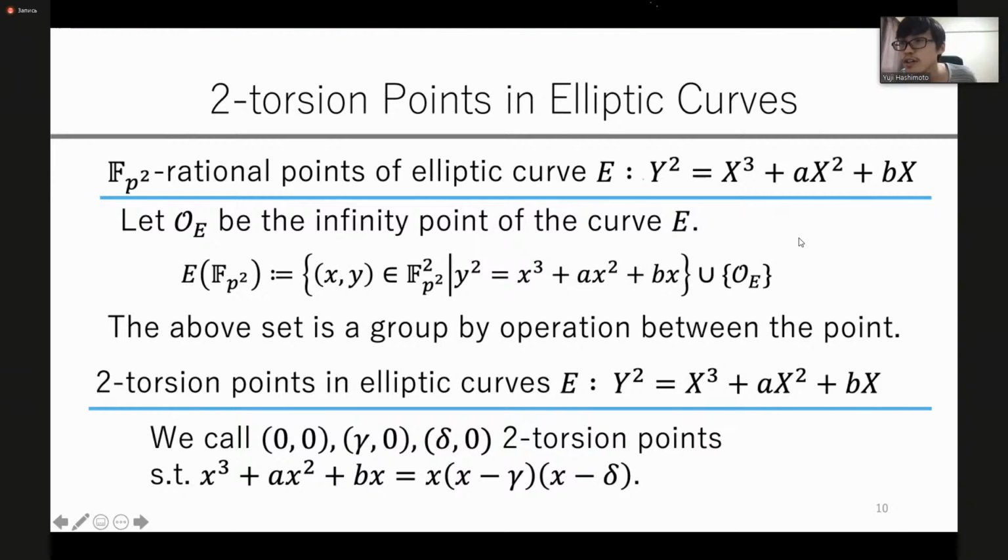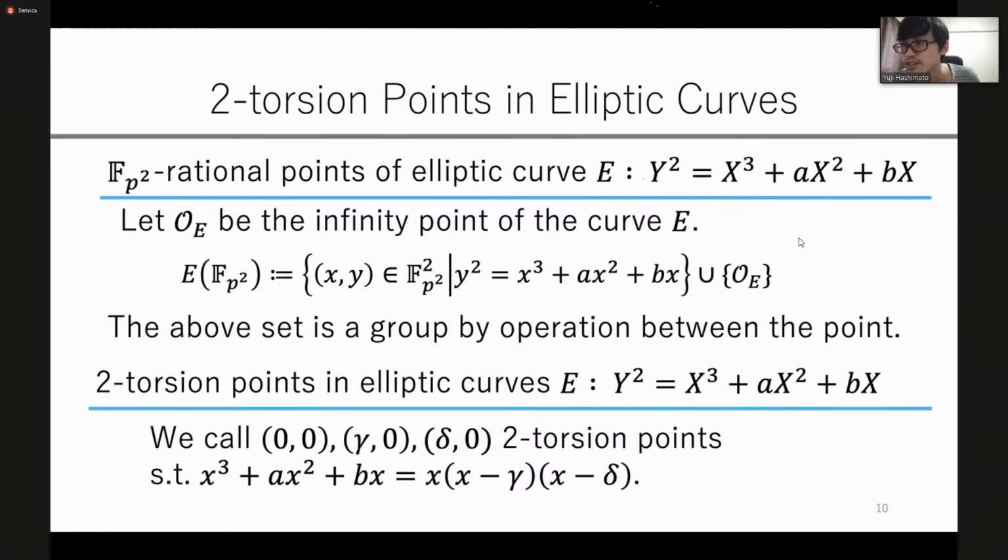Next, we explain the F_p^2-rational points of an elliptic curve E of this form. Let O_E be the point at infinity of the curve E. Then the set of F_p^2-rational points is the set of (x, y) satisfying this equation, together with O_E.